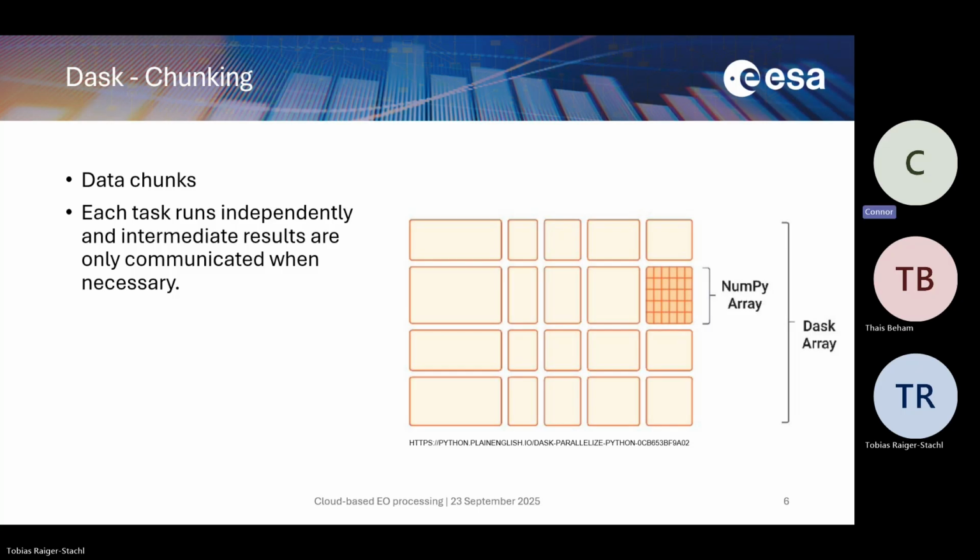And if we have here, for example, this big Dask array, each one of the chunks will work as a NumPy array, and you can compute tasks. The task will be computed independently in each one of the chunks, and then Dask will only communicate the results when needed. So you also don't have wasting communication costs.